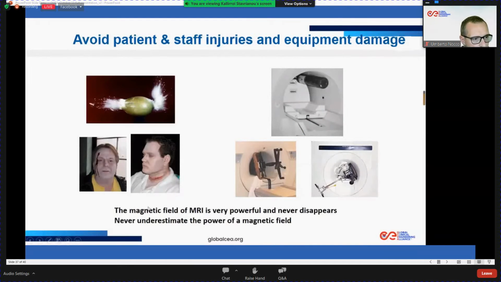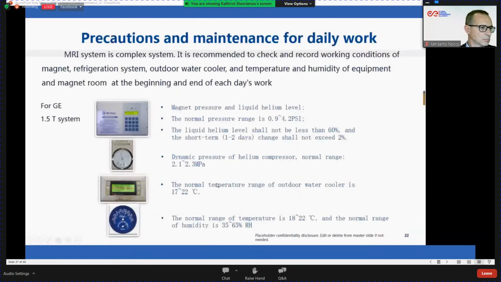The magnetic field of MRI is very strong, very powerful, and never expires, and never underestimate the power of the magnetic field. And also we need precautions and maintenance for daily work. The MR system is a complex system.